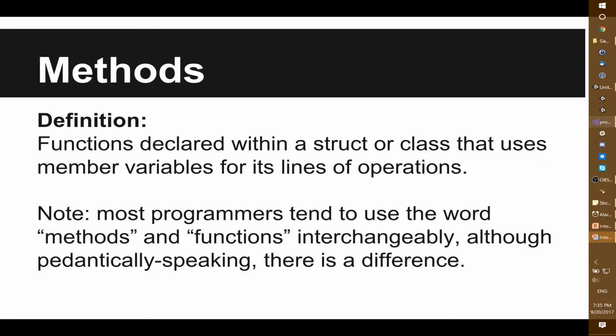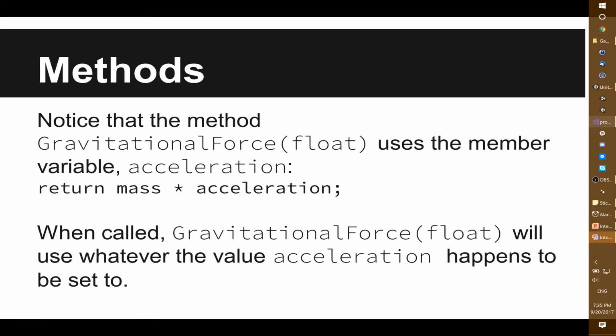Like I said, methods are supposed to be struct or class methods that actually use member variables, versus functions which do not use member variables whatsoever. But almost everybody calls them one or the other as if they're both the same thing. So I'm not going to be a grammar jerk about it. So without further ado, yes.